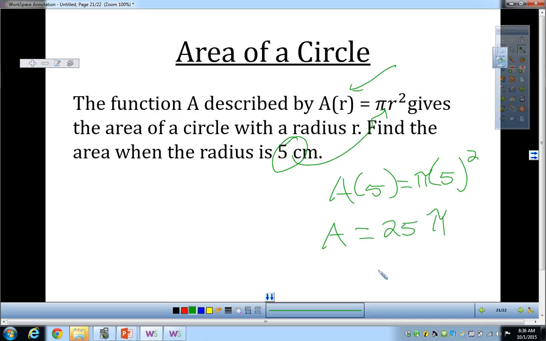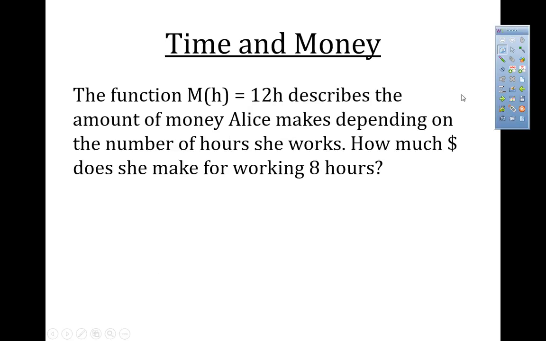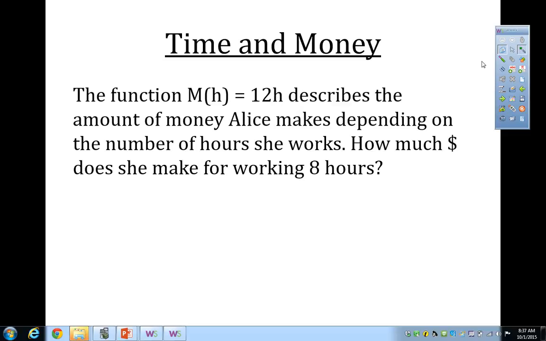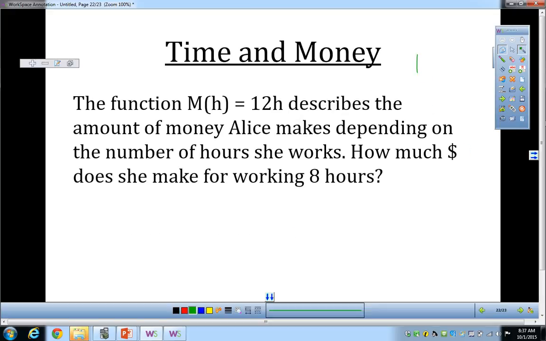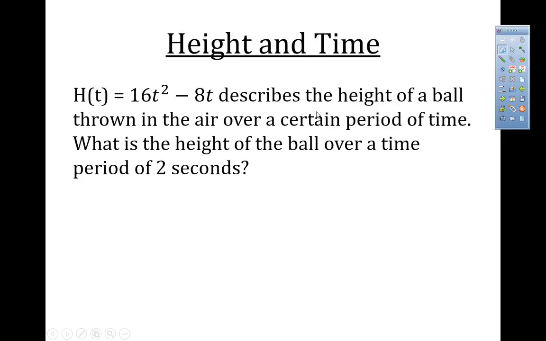That's an example of a function that involves area. Here's an example of a function that involves money. How much money you make depends on how much you get paid per hour. Another example of a function. And then another example, height and time.